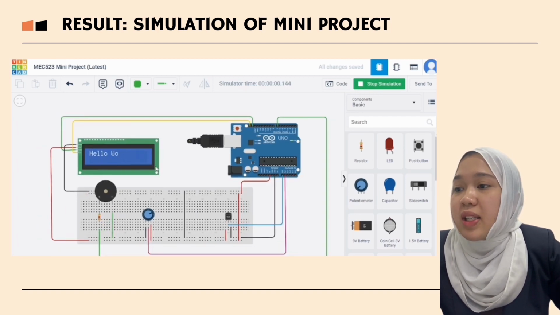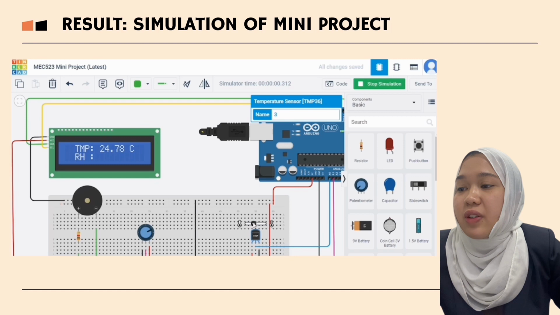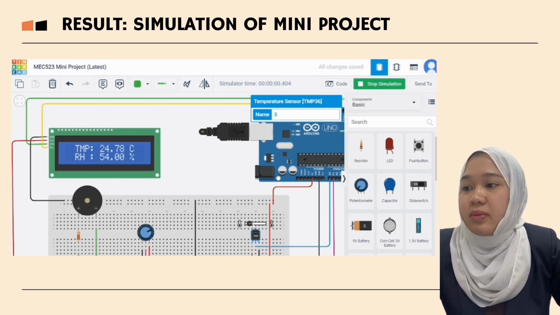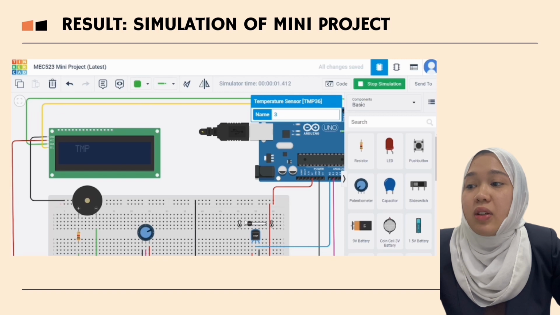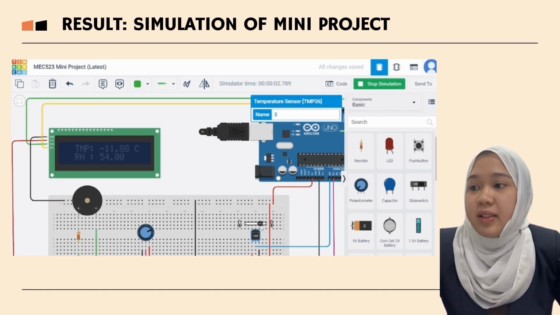So I choose 24.78 Celsius for the first condition. So the buzzer is off. So the second condition, I choose negative 11.88 Celsius. So the buzzer is on.